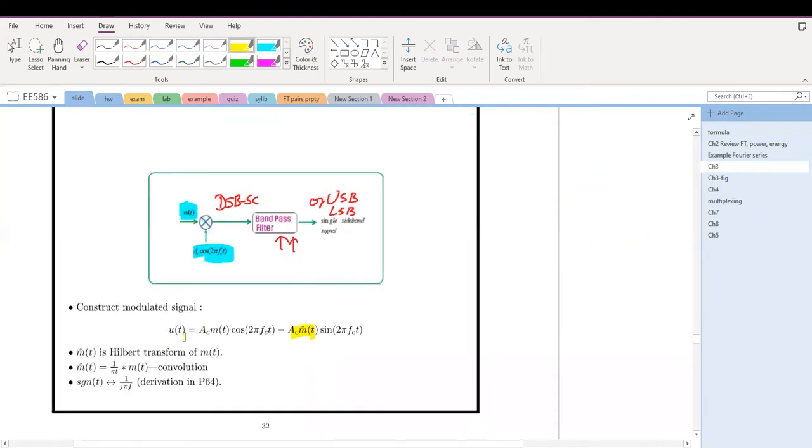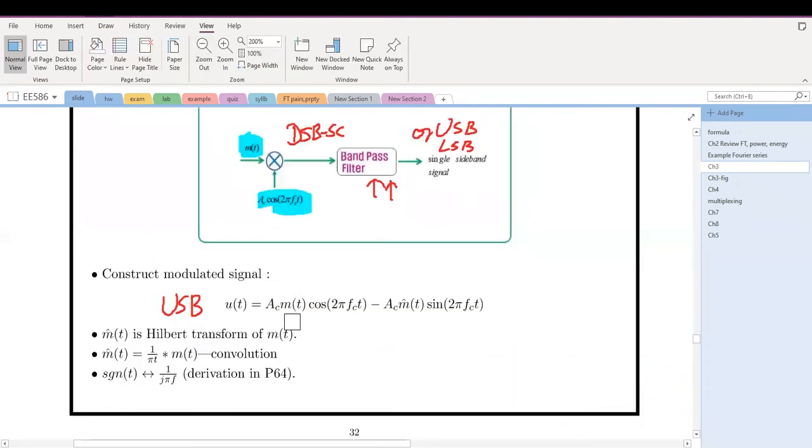Another alternative to generate the single sideband signal is to use the Hilbert transform. The modulated signal contains two parts. The first portion is the DSB-SC signal, because that's the message multiplied by the carrier.